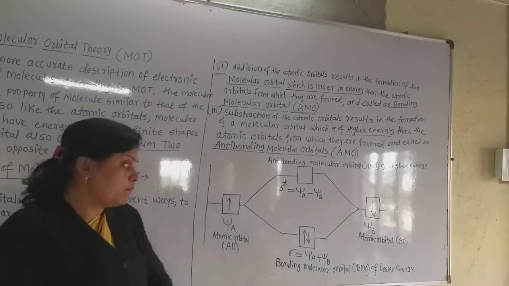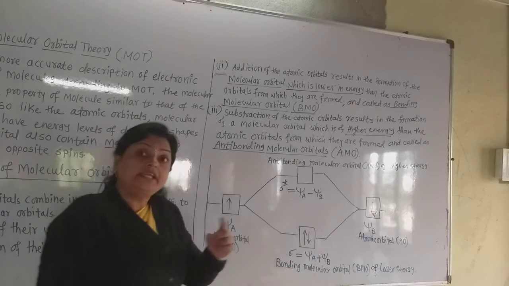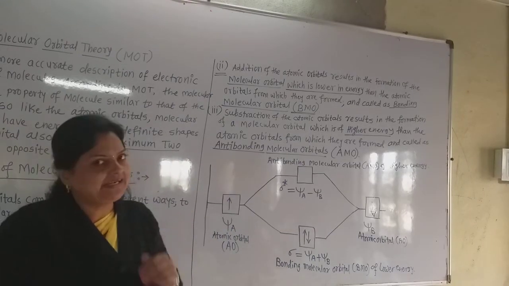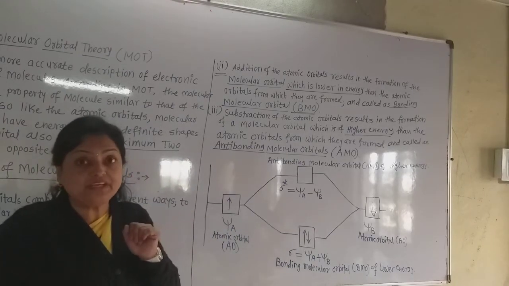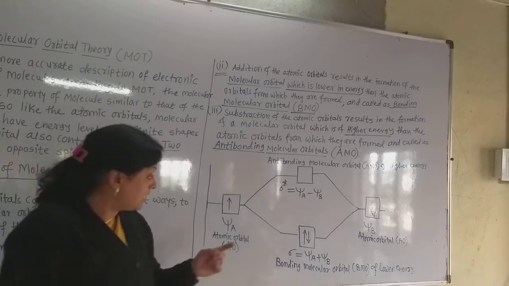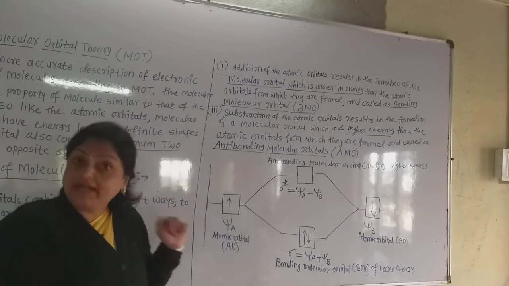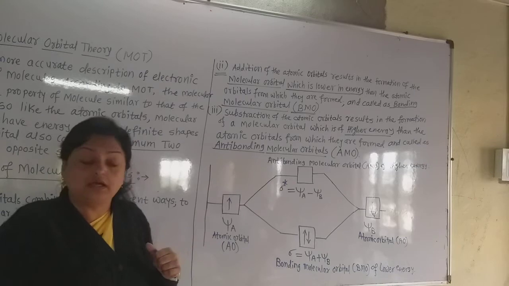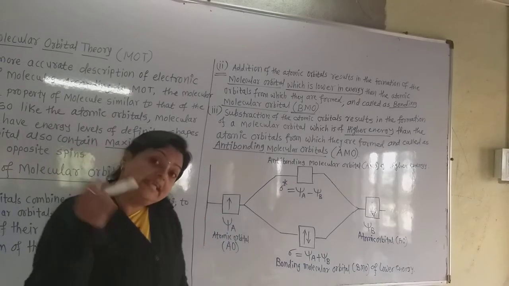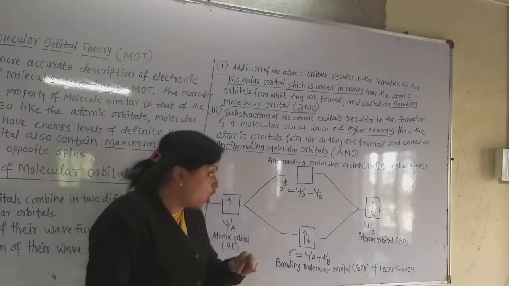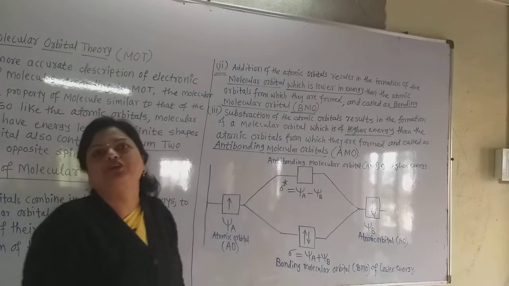But if the bonding orbital is completed by taking 2 electrons with opposite spin, and there are still some unpaired electrons, then that electron must go into the anti-bonding molecular orbital.